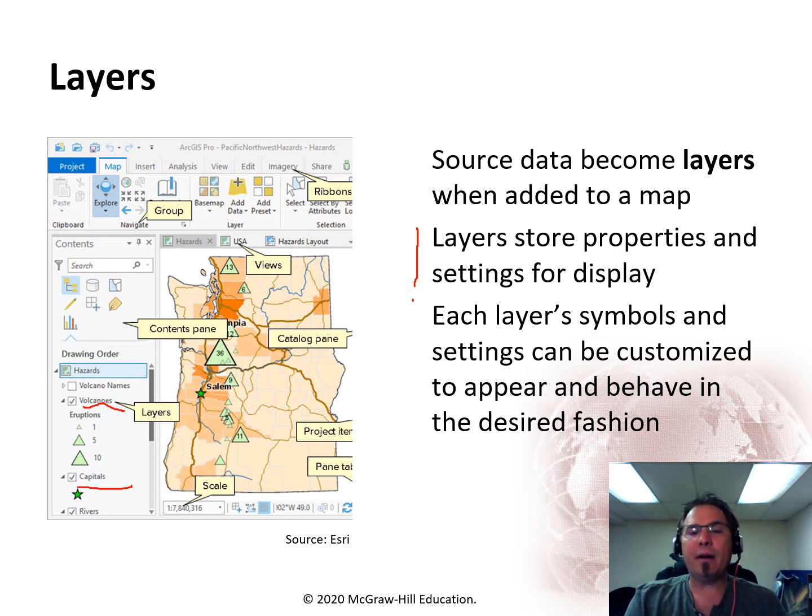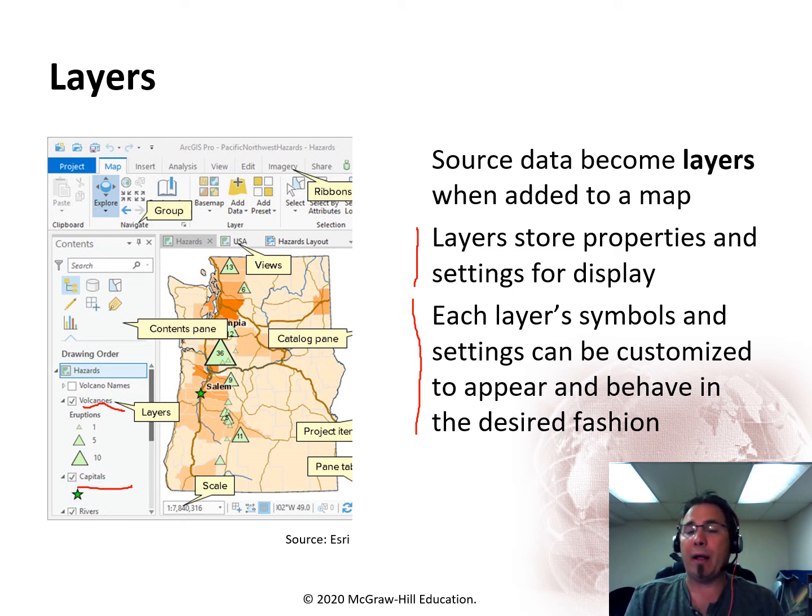So each layer and its symbols can be customized to appear and behave. That's one of the things, again, where you get to put on your cartographer hat to make your map look pretty. You can change the symbol sizes, the symbol colors, the coloring scheme, depending on what you want, dark, this orange color. It depends on what phenomena you're trying to map.